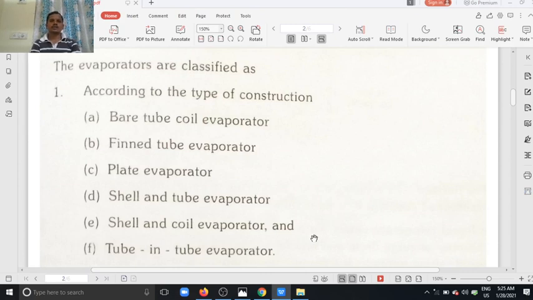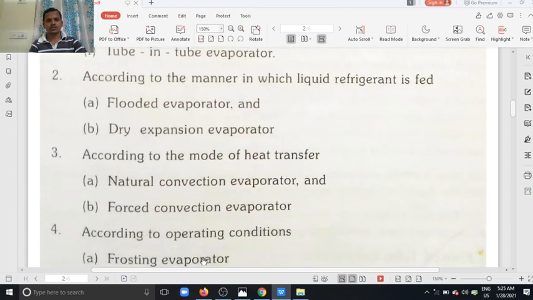The evaporators are classified according to the type of construction: bare tube coil evaporators, finned tube evaporators, plate evaporators, shell and tube evaporators, shell and coil evaporators, and tube-in-tube evaporators. Next, according to the manner in which the liquid refrigerant is fed, that is flooded evaporators and dry expansion evaporators.